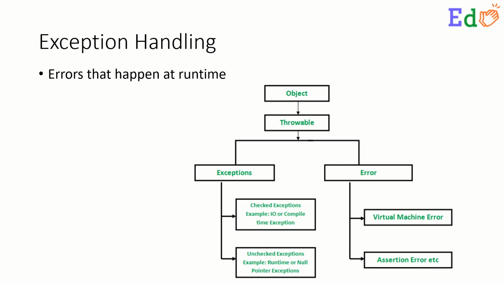Next, exception handling APIs. Exceptions are errors that happen at runtime. And this is the entire tree. There can be two types of exceptions, checked exceptions and unchecked exceptions. We have to learn both of them.